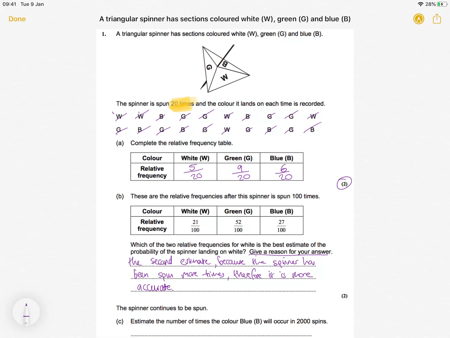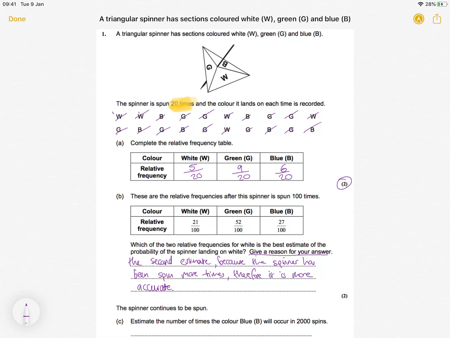Just like in my last question, if I'd asked more people who they supported, then it would be more accurate. Or if I might have been standing outside Brighton Station, for example, then it's obvious that most people are going to support Brighton around there. But if I had, say, gone all around the country and found out who loads of people supported, then it would be more accurate because I found out more people.